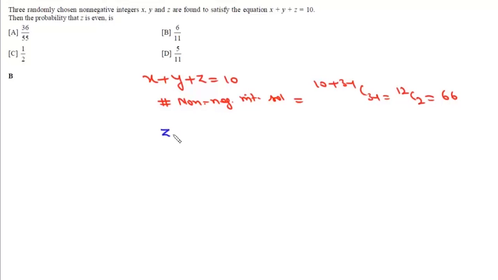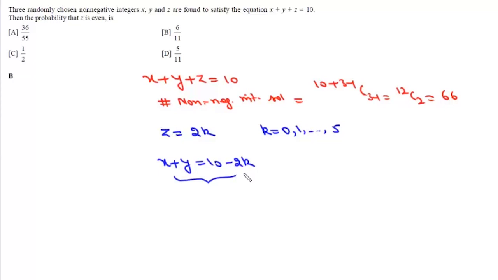Now if z is even, we'll say z is of the form 2k, where the value of k varies from 0 to 5. So we can write x plus y equals 10 minus 2k.